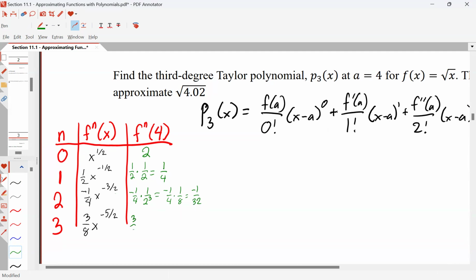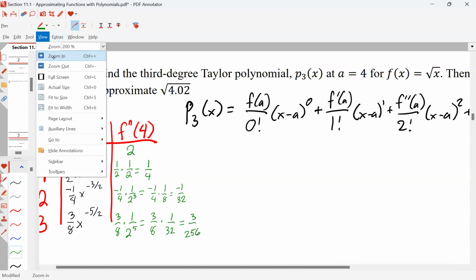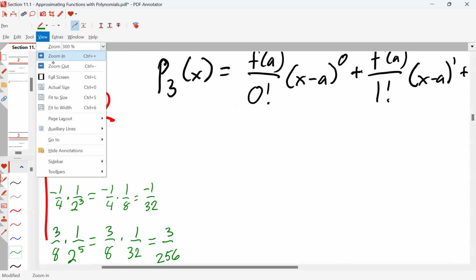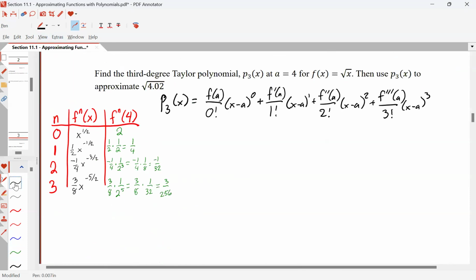And then the last one will be 3/8 times 1 over 2 to the 5th, or 3/8 times 1 over 32, which is 3 over 256.